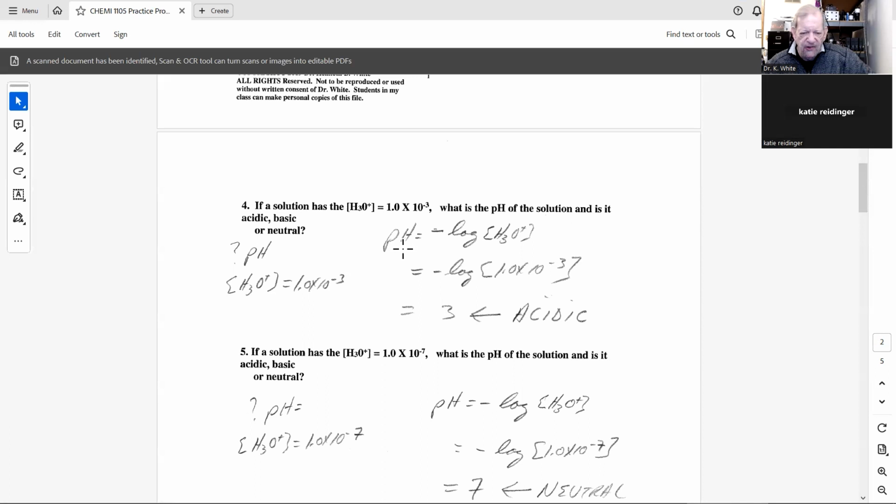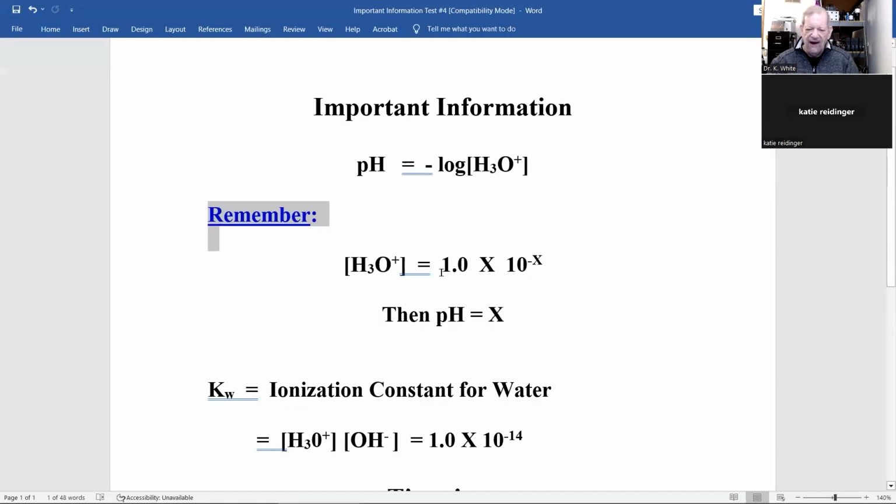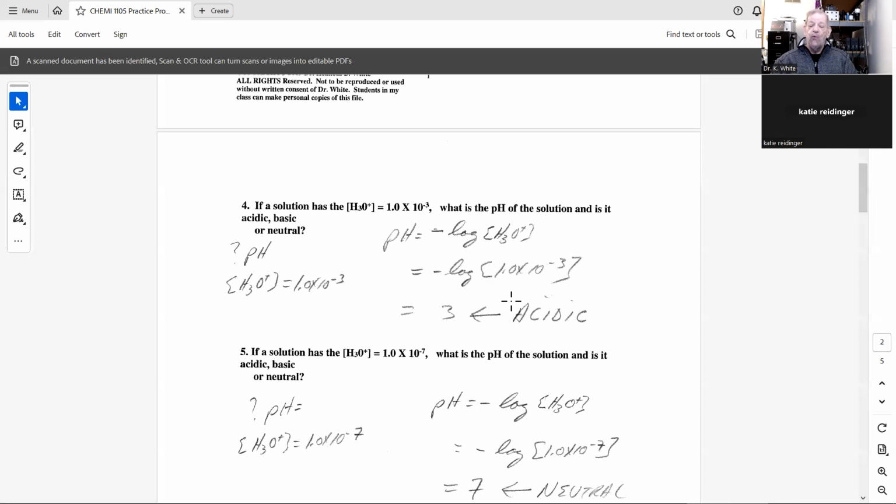Important information, you know pH is minus the log of the hydronium ion concentration. We'll put that in there. When the hydronium ion concentration is 1.0 times 10 to the minus X, pH is X. This is given to you. So what's X? 3, because it's 1.0 times 10 to the minus X. X is 3. The pH is 3.